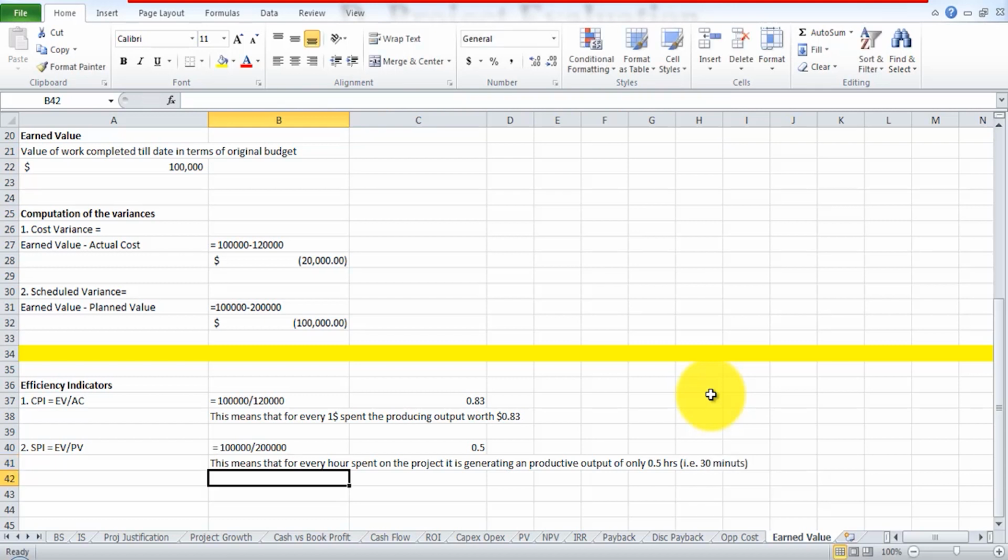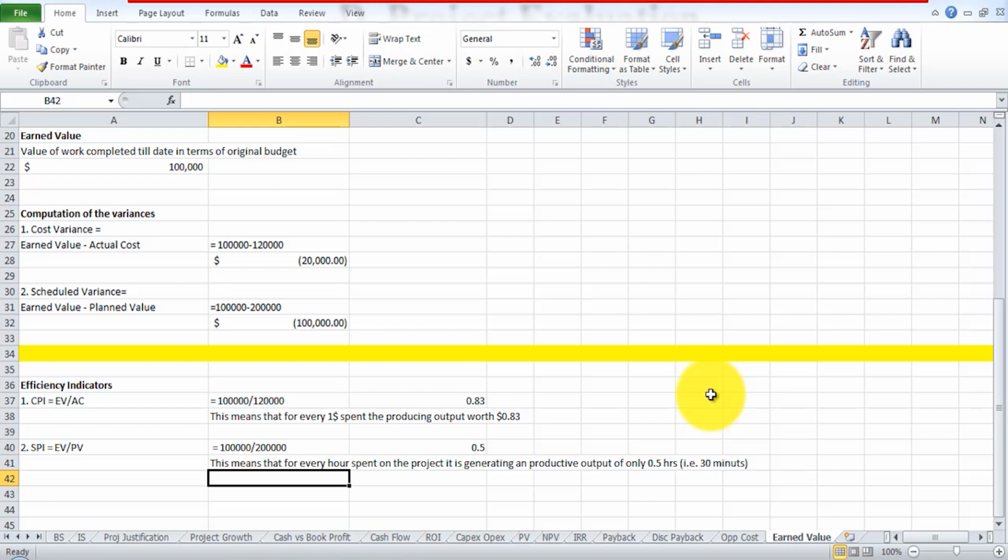So for every hour of work the company is paying for, they are only able to recover, in terms of time, 30 minutes of work. For every $1 they're only able to recover 50% of the value. That is how you estimate the schedule performance index.